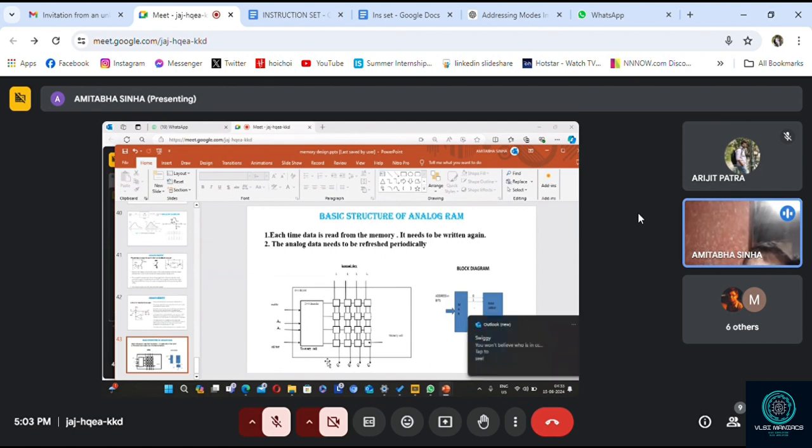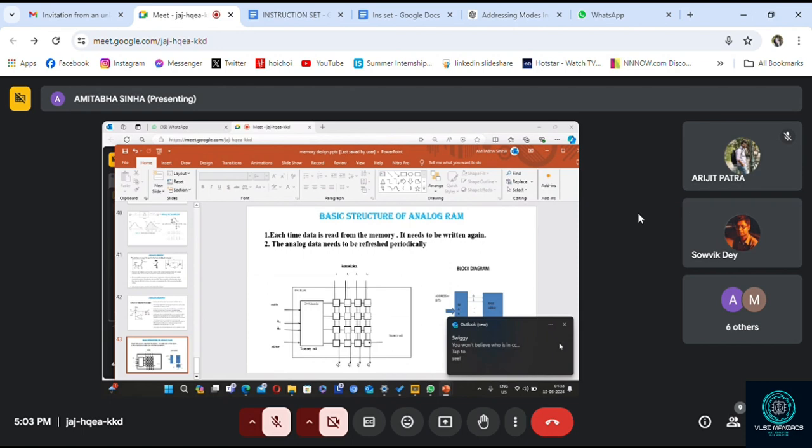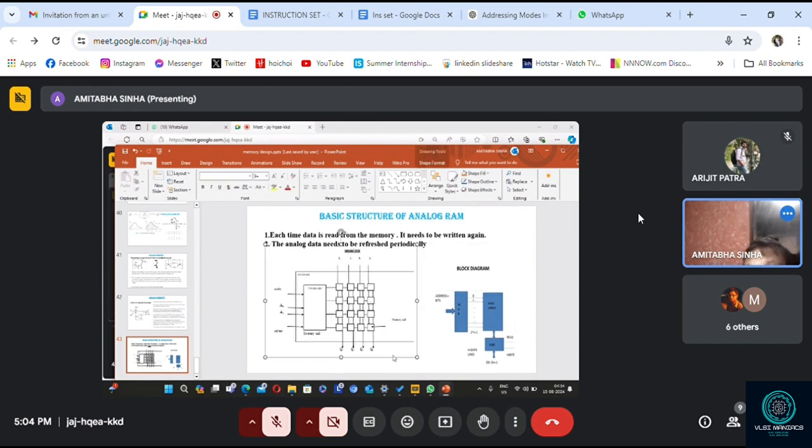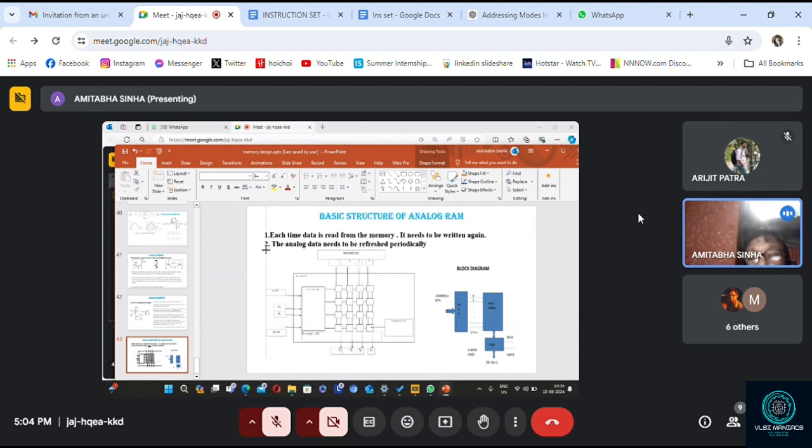Exactly here also, analog requires refreshing. There are two kinds of things. One is that in digital data memory, it has to be refreshed periodically after a few milliseconds. Here also you have to do it because some leakage current will leak. Another thing is that each time data is accessed, the same data has to be stored again there.